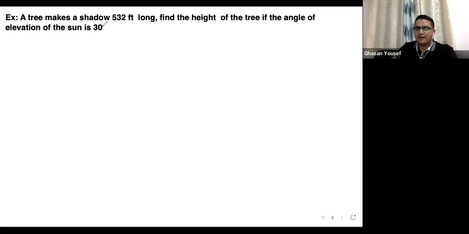So how can I find the length of the tree, such that they give me the length of the shadow of the tree, and also they give me the angle of elevation from the sun?